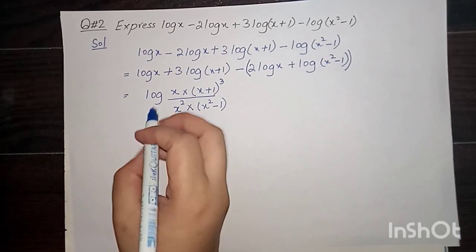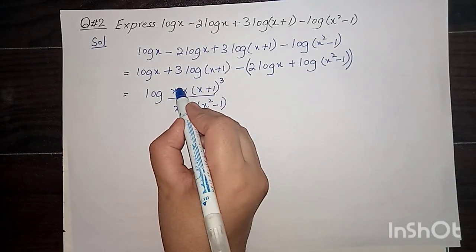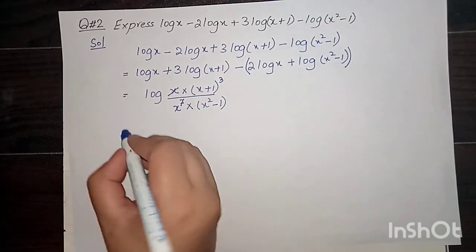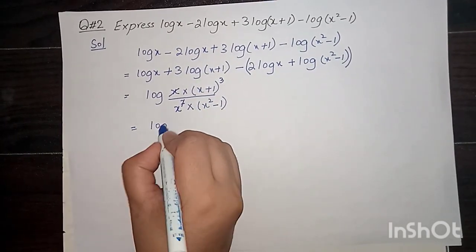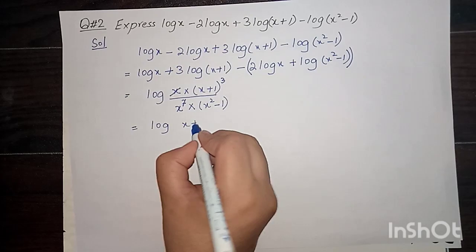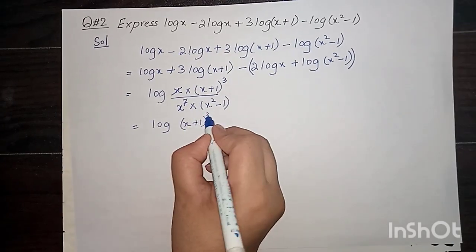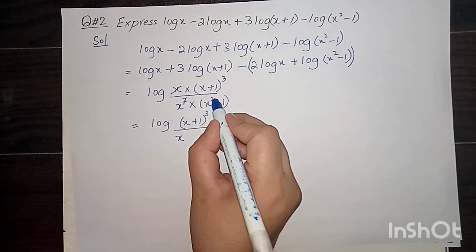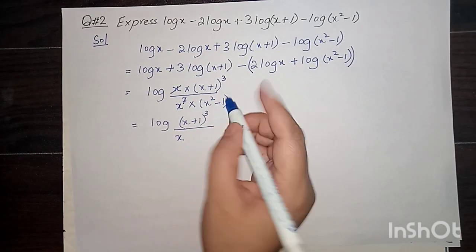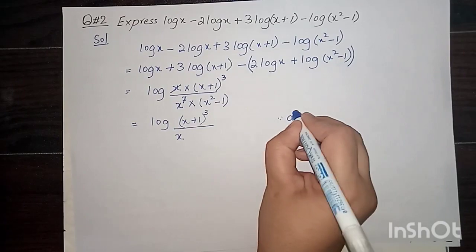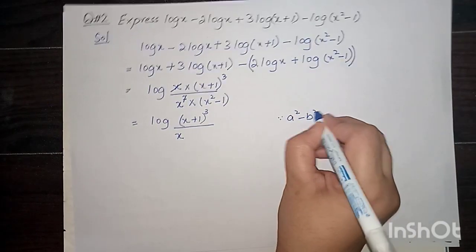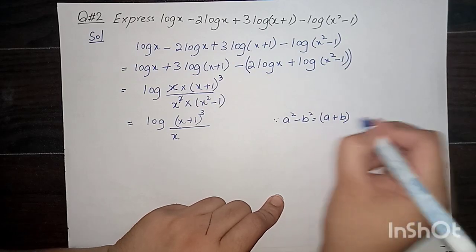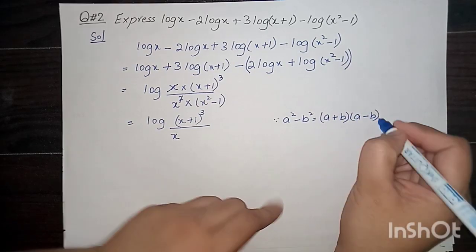Now if we simplify this, x cancels out with this 1, and this is equal to log of x plus 1 to the power of 3 divided by x. Now this is x square minus 1. This is the formula of a square minus b square, which is equal to a plus b and a minus b.